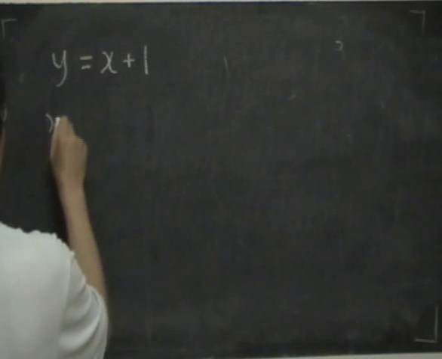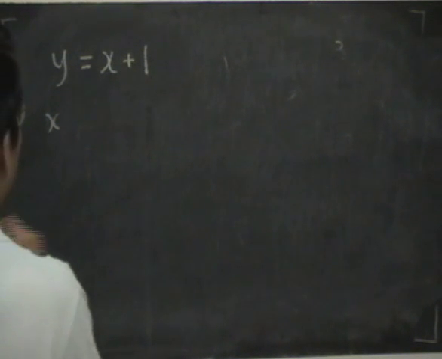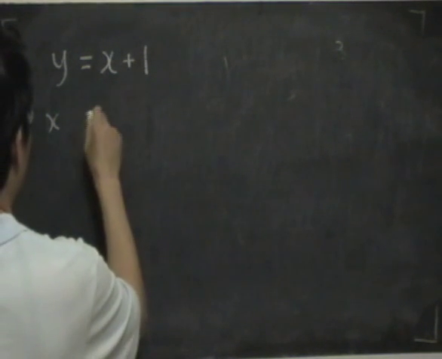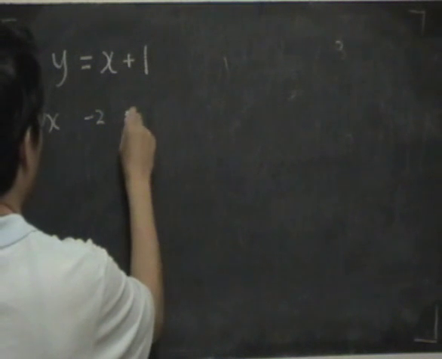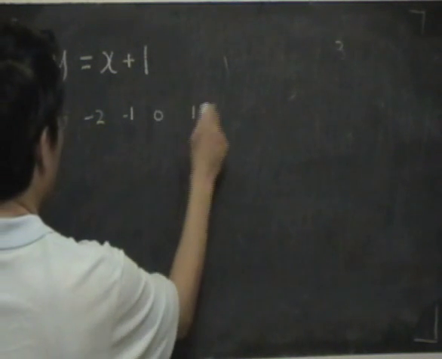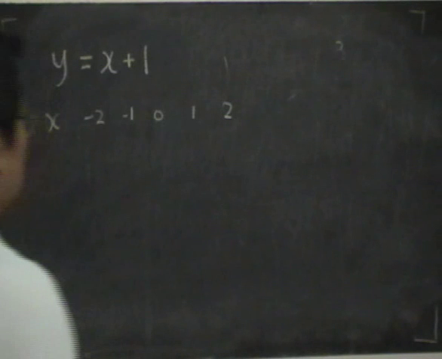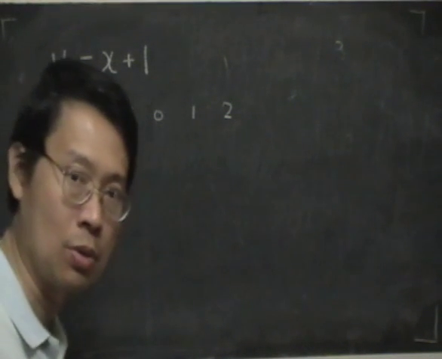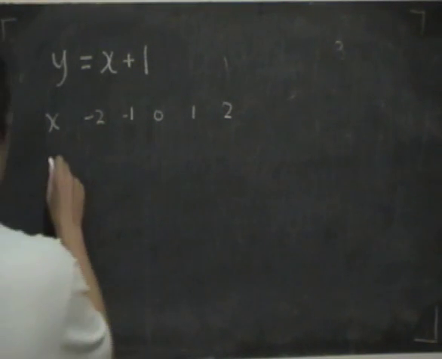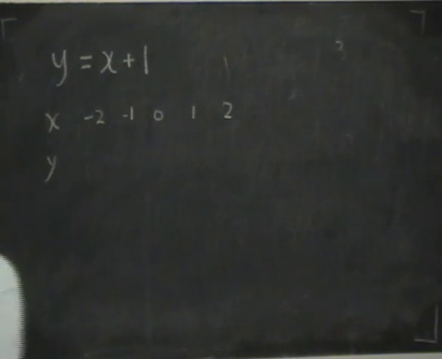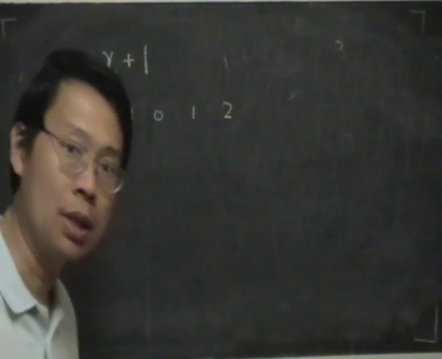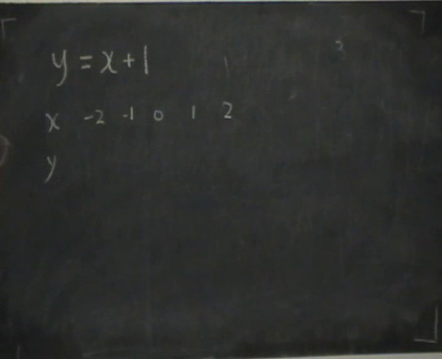Okay. Let me make up some values for x. Let's say I have minus 2, minus 1, 0, 1, 2. So x has these values. Now I want to find the corresponding values of y.